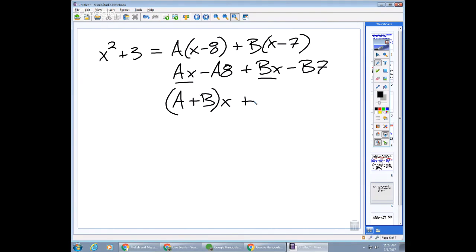And as far as my constant term is concerned, I just have a negative 8a and a negative b7 for the constant terms. This side of the equation has to match up with that side of the equation over there.